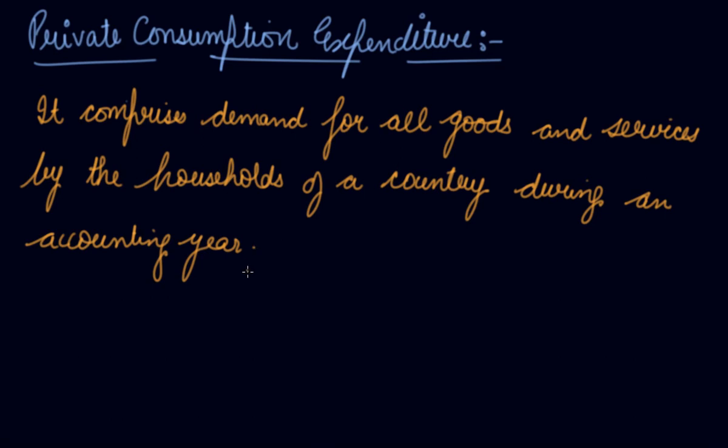So it depends on the level of personal disposable income. Higher the level of personal disposable income, higher is the private consumption expenditure, or vice versa. See, we did in your national income chapter, your personal disposable income.